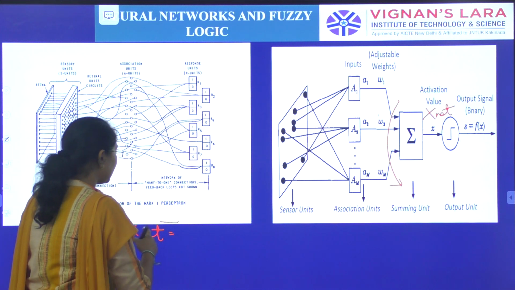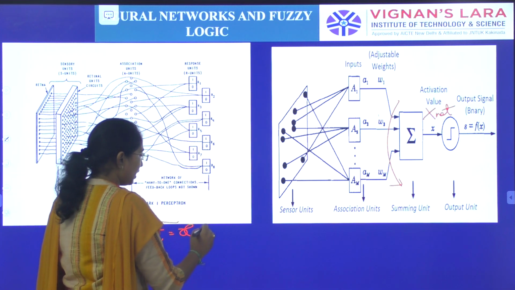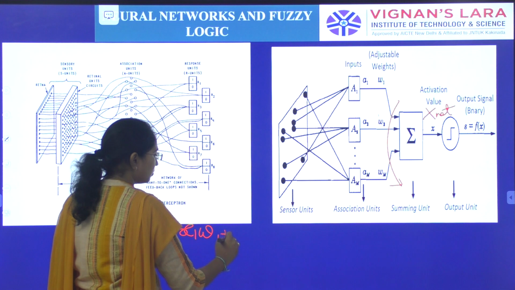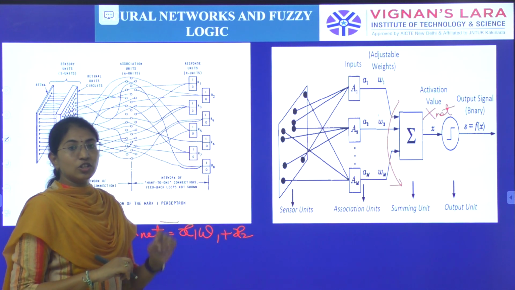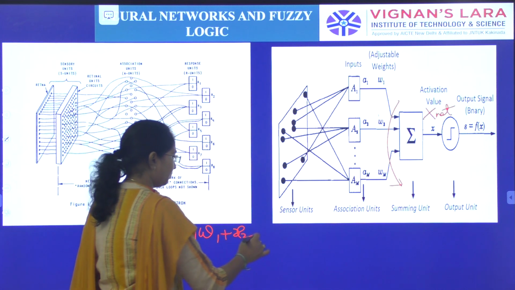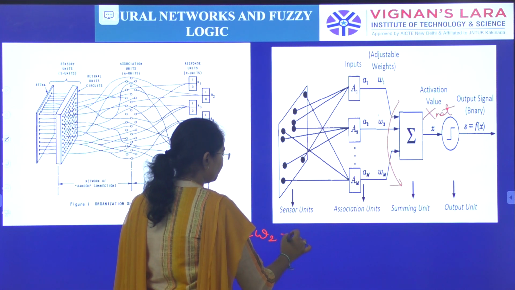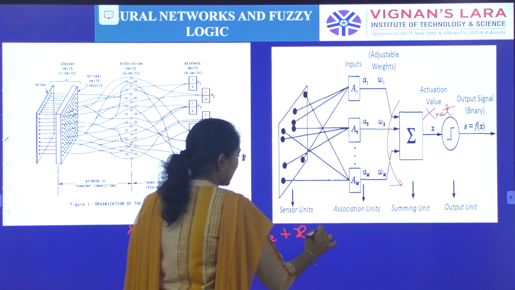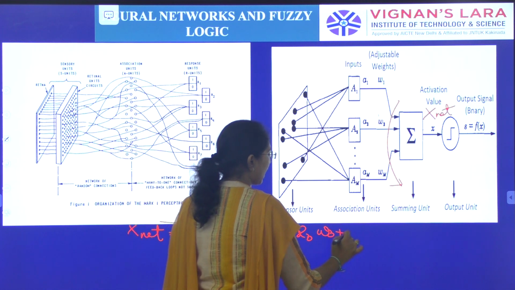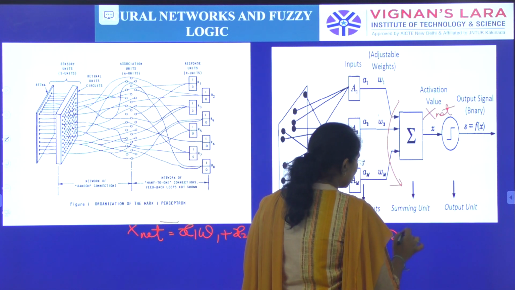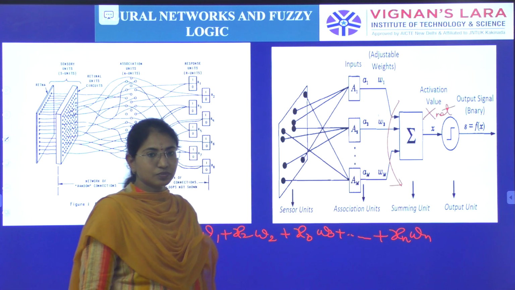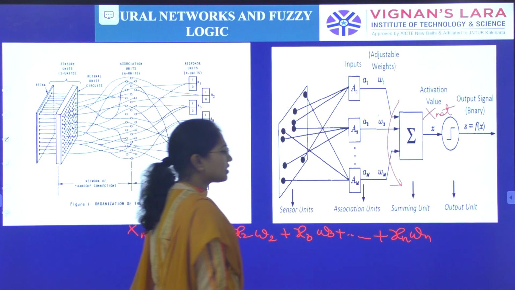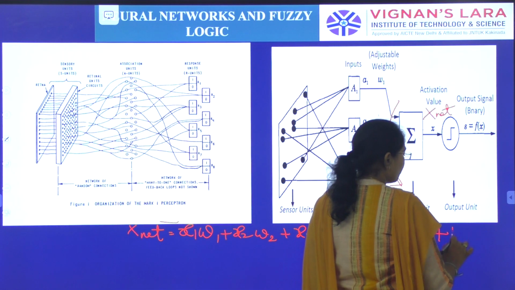And this xnet can be written as x1 w1 plus, as it is fed to the summation block, you are going to add the entire value x2 w2 plus x3 w3 and so on plus xn wn plus some bias value of b.